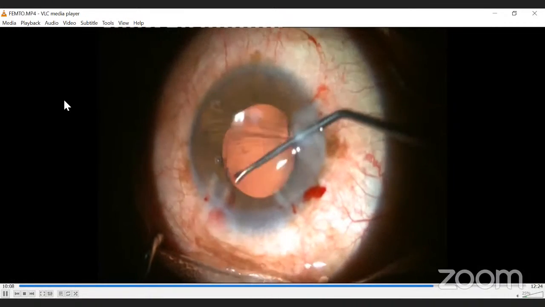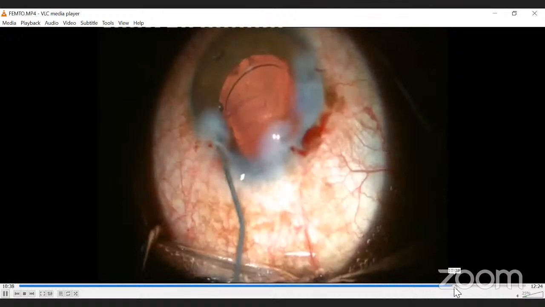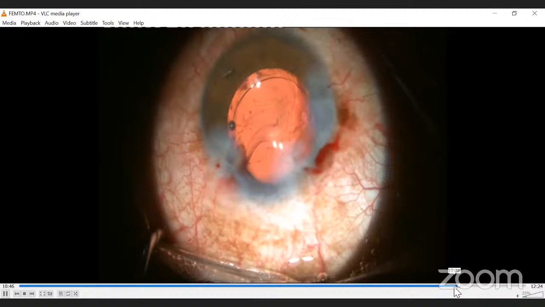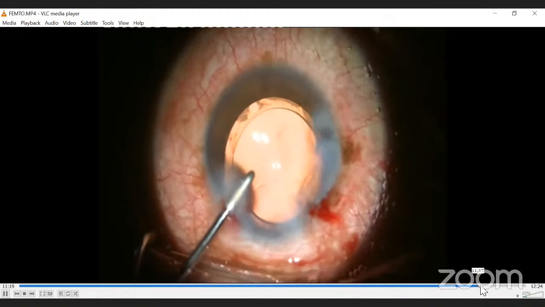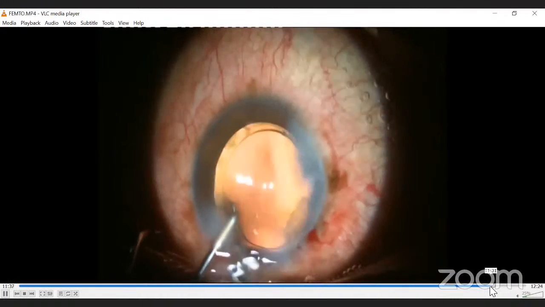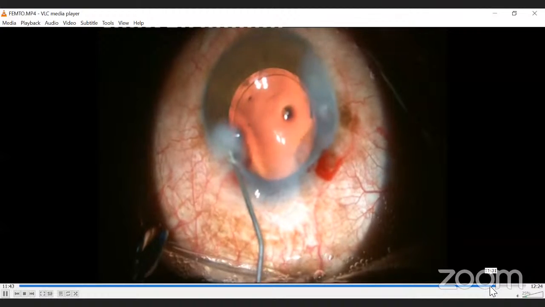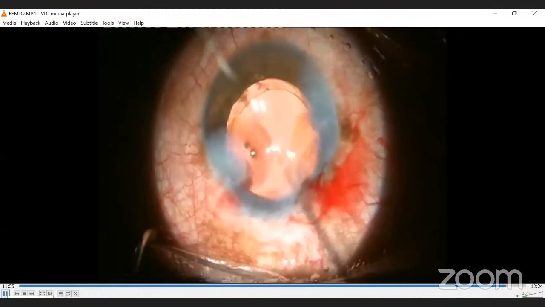So I don't remember whether we sutured it or not. I don't think we sutured it though. So I think this was the end of surgery. In this eye, the patient did fairly well as well, and we were able to save the situation in the second eye.